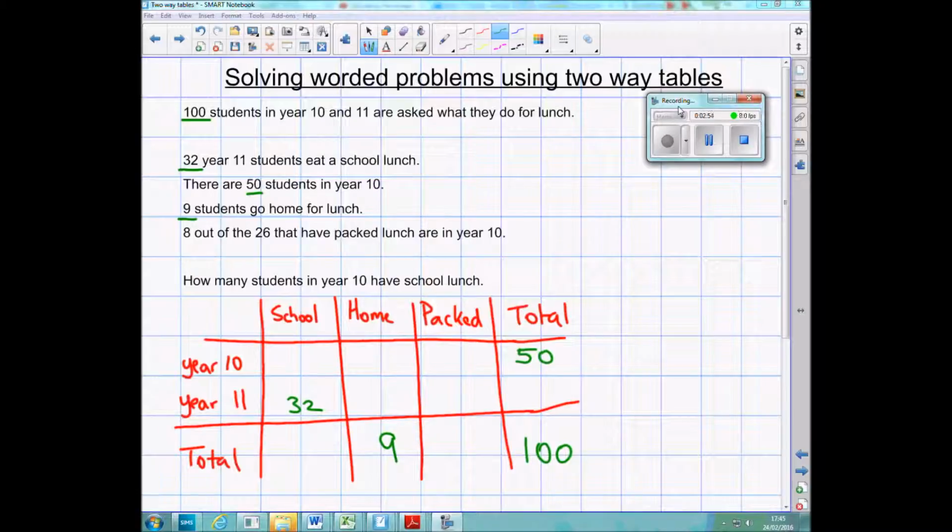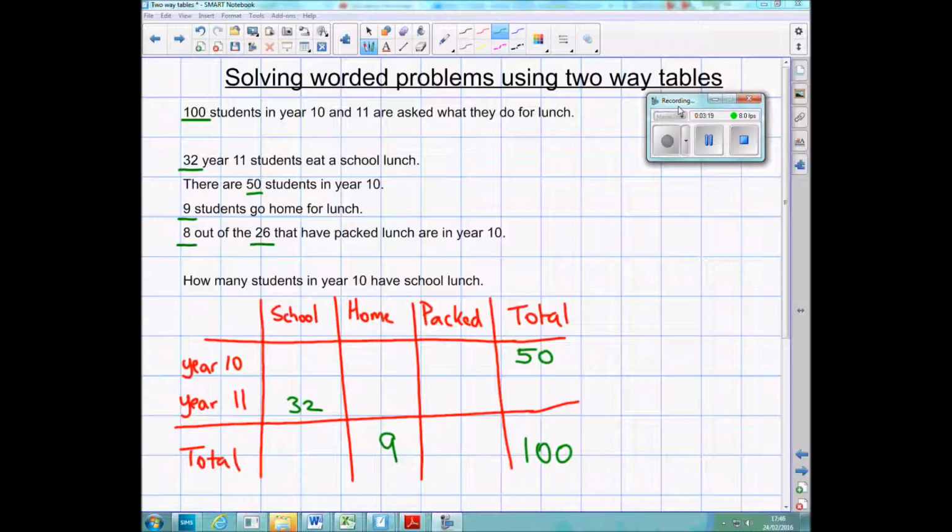The next one is a little bit more confusing because there are 2 numbers. There's 8 out of 26 that have packed lunch are in year 10. Now, I've got packed lunch as the column and year 10 as the row. Now, one of these numbers is the total, and it's the total of packed lunch.